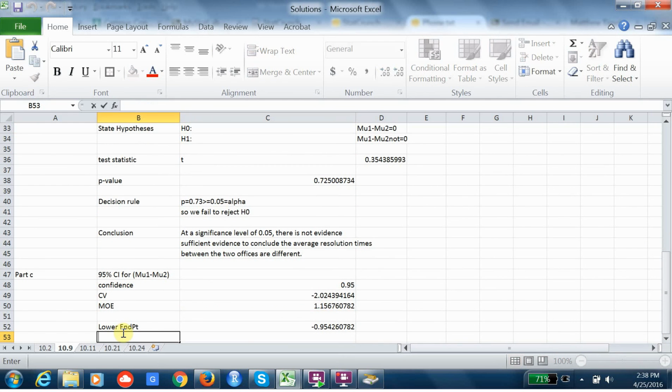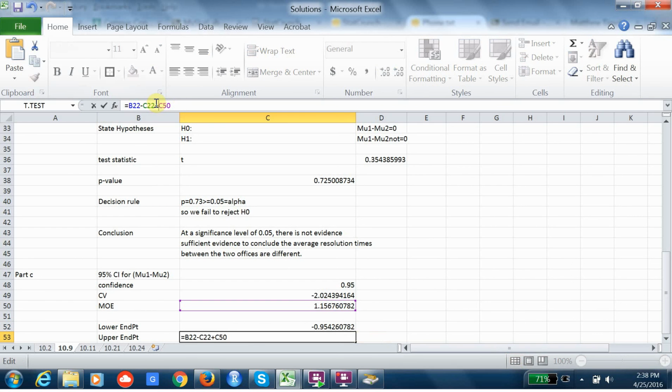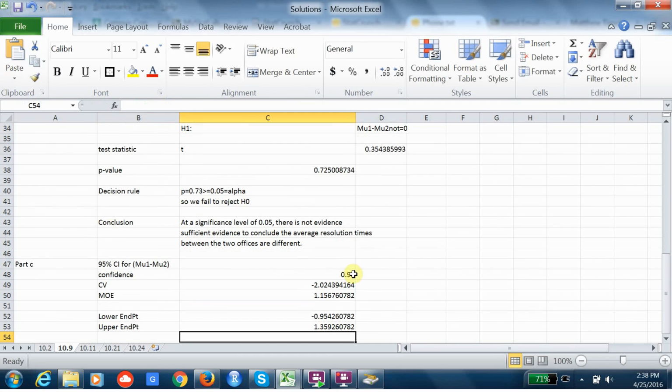Okay, and the upper endpoint, I just add the margin of error. And so this is the 95% confidence interval for the difference in the two means.